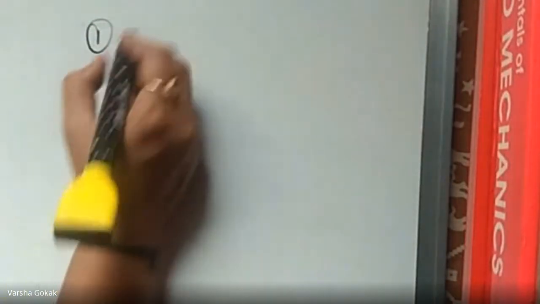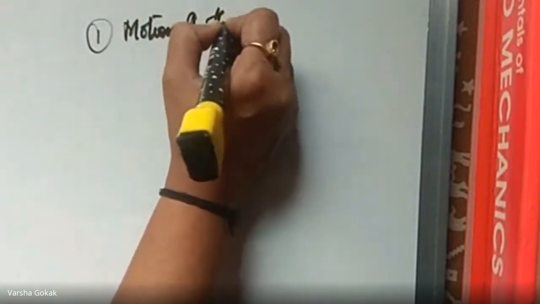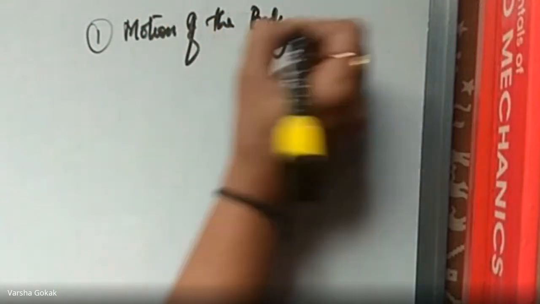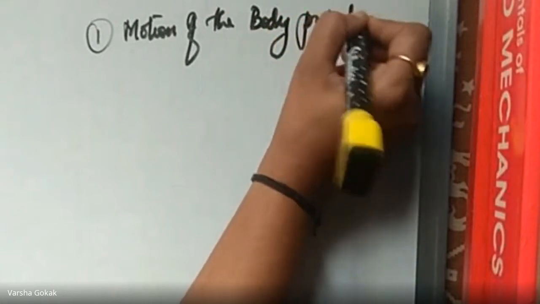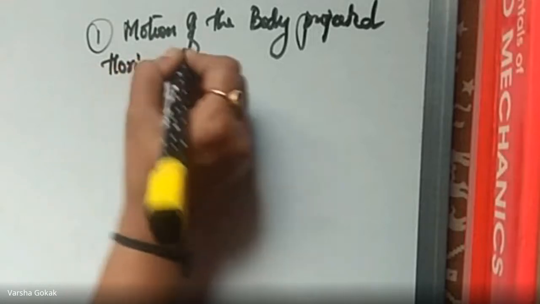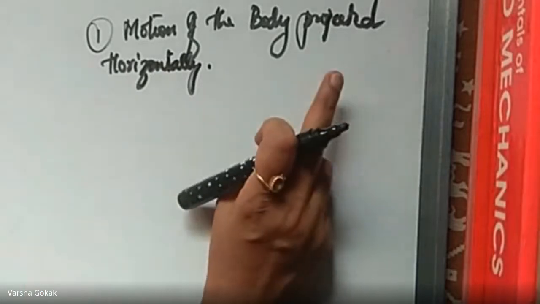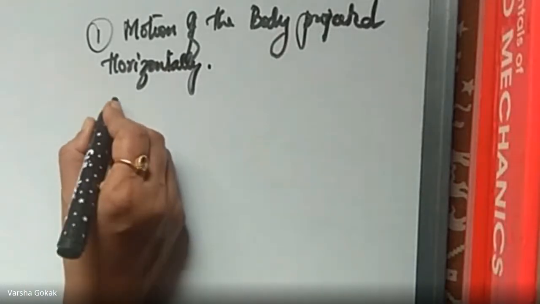So case 1, I'll call it the motion of the body projected horizontally. The diagram goes like this.